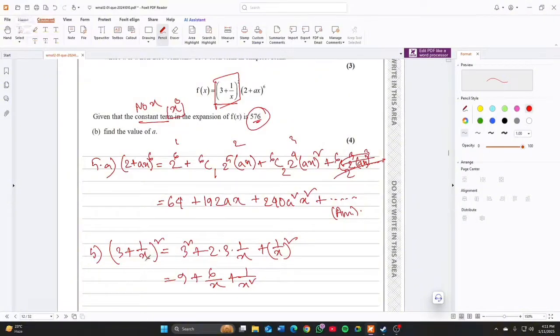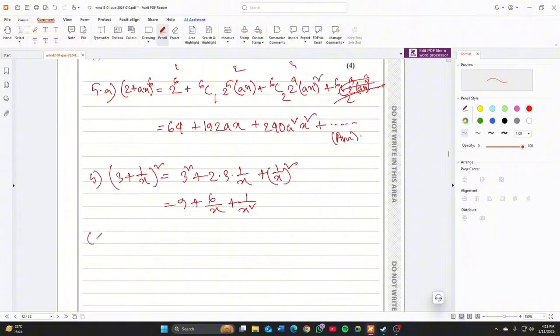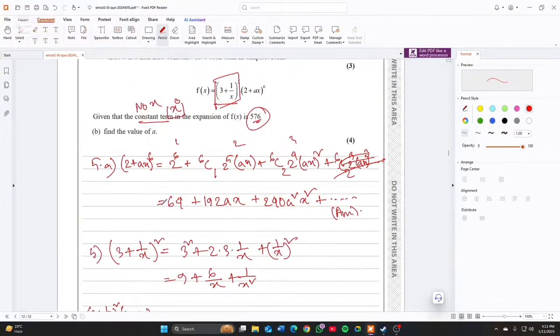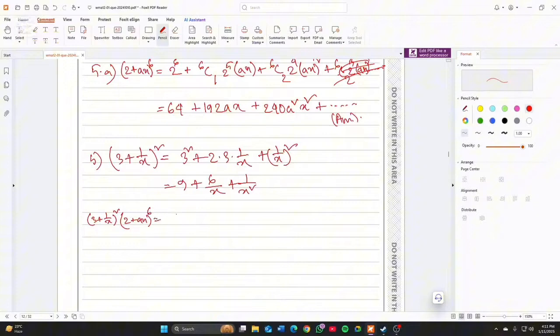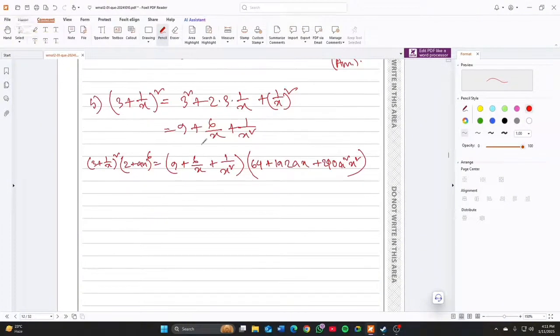Now multiplying both of these, 3 plus 1 over x whole square and 2 plus ax to the power of 6 will be equal to 9 plus 6 by x plus 1 by x square into 64 plus 192 ax plus 240 a square x square. Now if we multiply each term, we will find that some of the results will not contain any x. So that is only our concern.